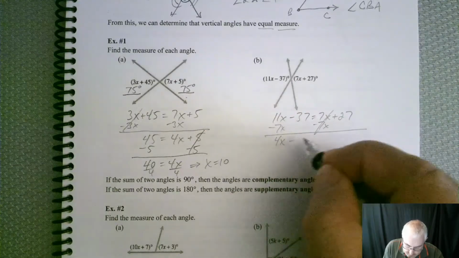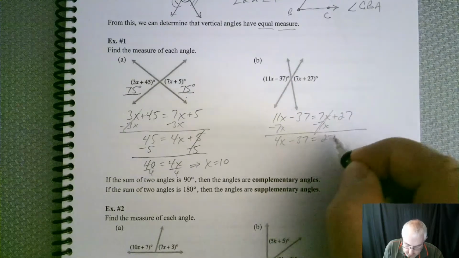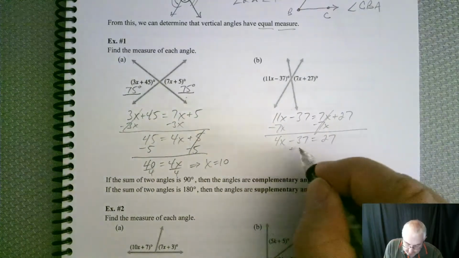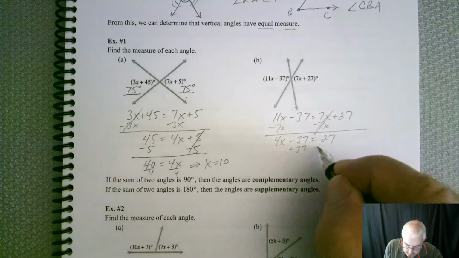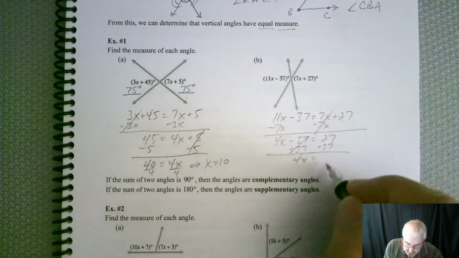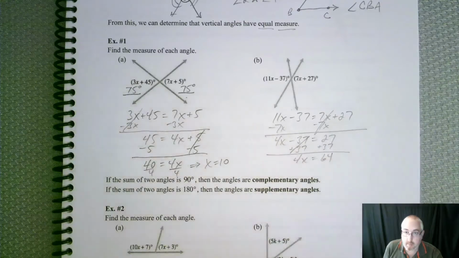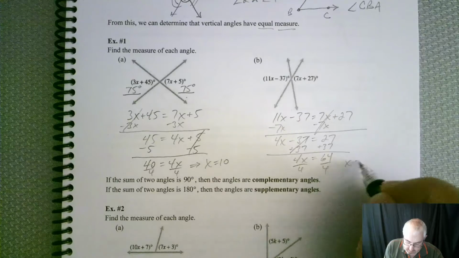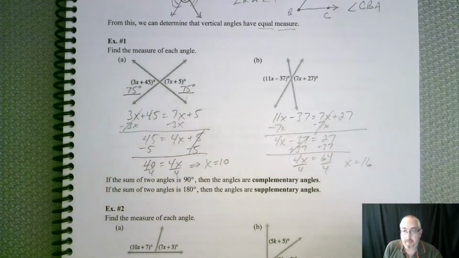So 4x minus 37 equals 27. Now we can add. So 4x equals 64. And then if we divide by 4, x is equal to 16.